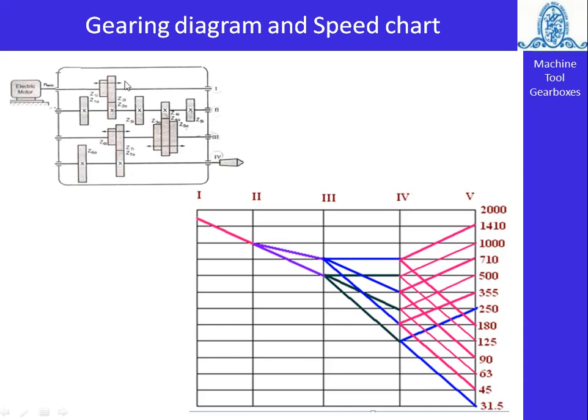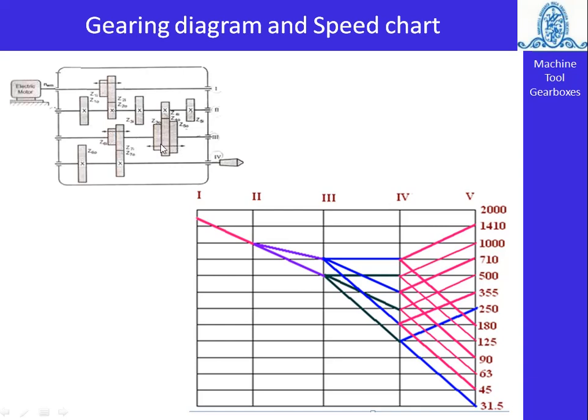While drawing a cluster, the smaller gear is always drawn on the left side and the bigger gear is always drawn on the right side. If you see here, in the 2 gear cluster and the 3 gear cluster, the smaller gear is drawn on the left side of the cluster, and the bigger gear is drawn on the right side of that smaller gear.